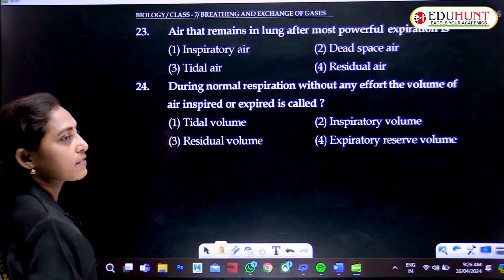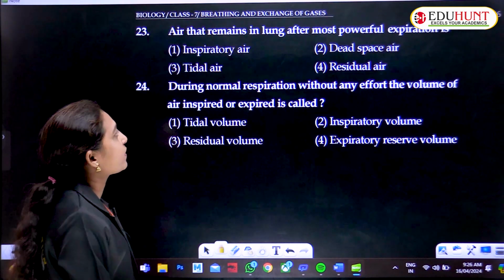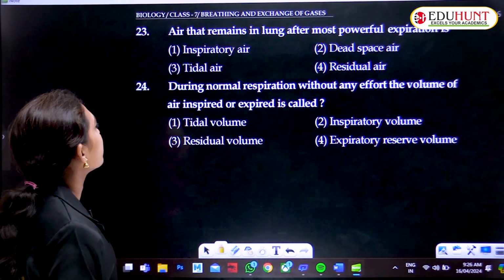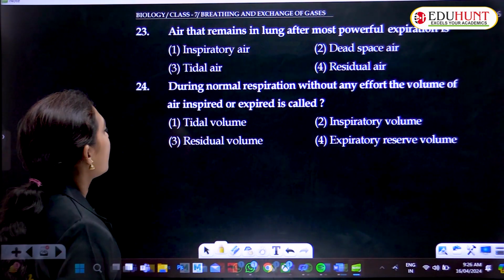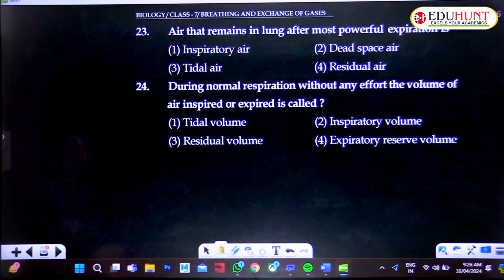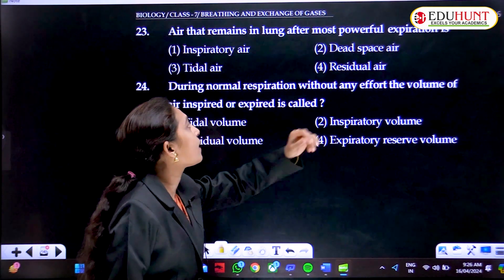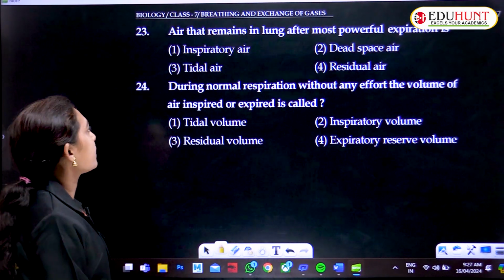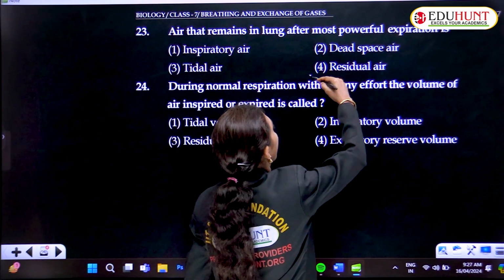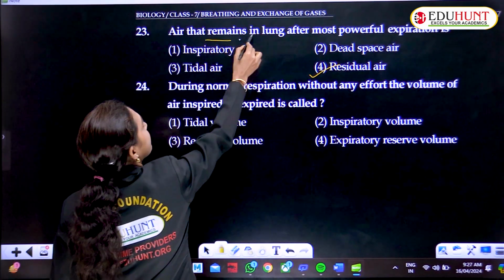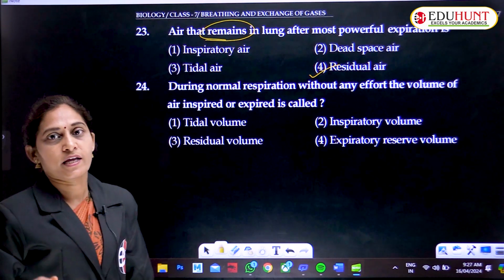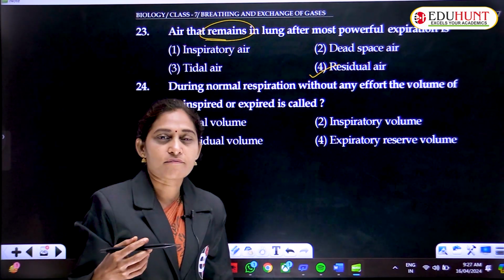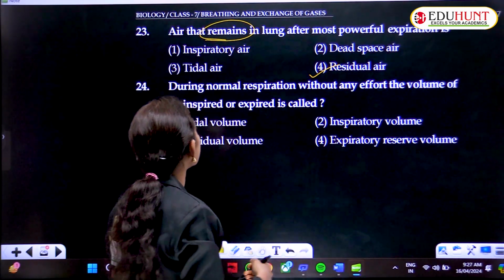Air that remains in lungs after most powerful expiration is the residual air that remains, as we said. So it is the leftover air in the lungs after powerful expiration.